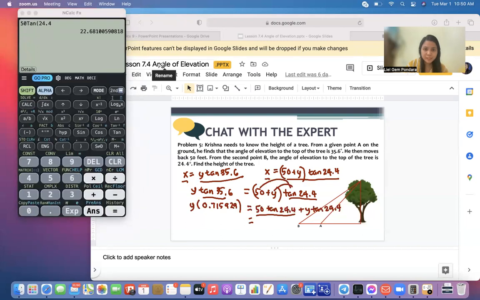The answer is 22.681005 plus y times tangent 24.4, which is 0.453620.